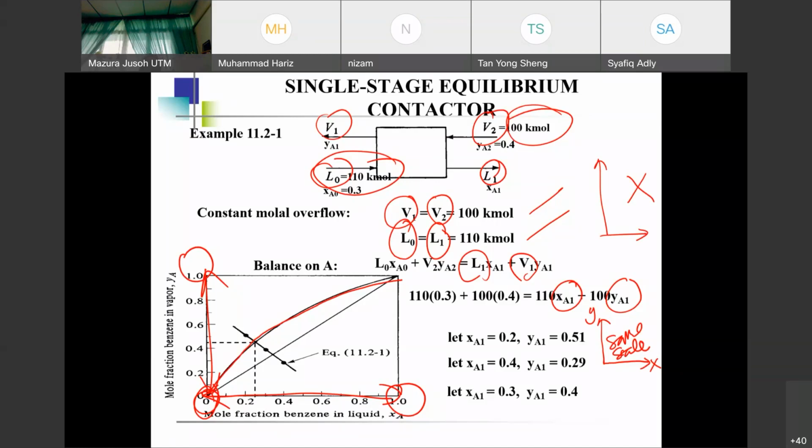Quickly, how many minutes do you want to draw the XY plot? Give me one number. Yongsheng, how many minutes, Yongsheng? You need to draw the XY plot. Yongsheng? 15 minutes. Oh, so long. Just the equilibrium line.